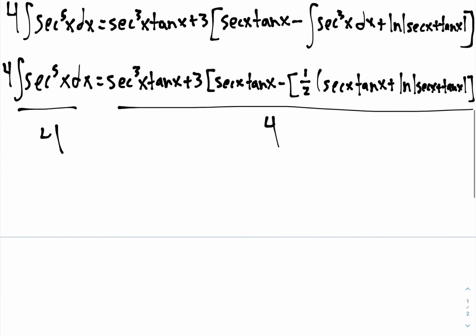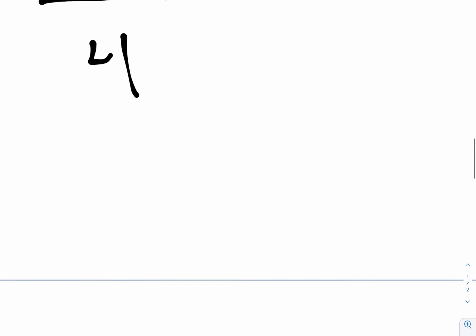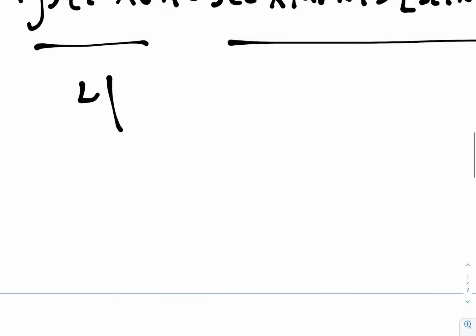And what we're going to get, once we simplify everything, you can check this after, but just to save space, we could factor out maybe a quarter, right?